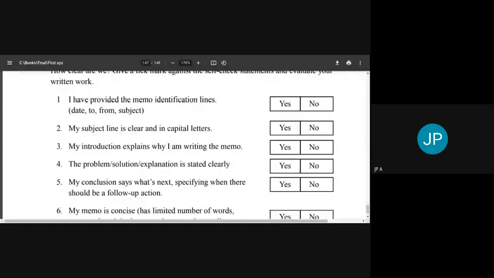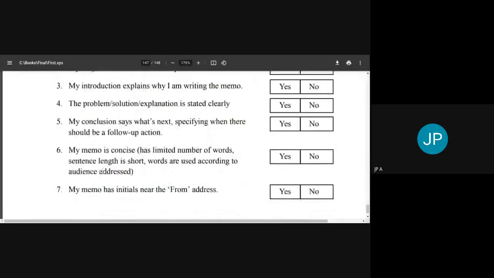So the main thing in a memo, next point, is that it should be concise. This is a very important aspect. Concise means short, with a limited number of words. The sentence length should be short and words are used according to the audience's interest.